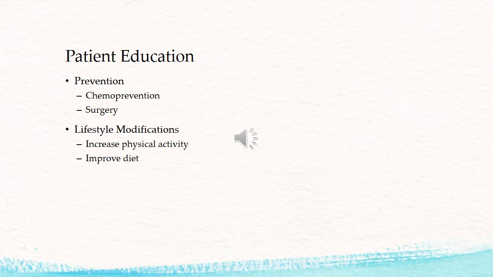But physical activity does need to be addressed for her because she lives a fairly sedentary lifestyle, and regular exercise is one of the proven modifications that can decrease your risk for breast cancer. Additionally, we wanted to focus on her diet because she largely eats out, so we want to focus on increasing her fruit and vegetable intake, as well as increasing her good fats such as olive oil and fish, because these can reduce your risk for breast cancer.